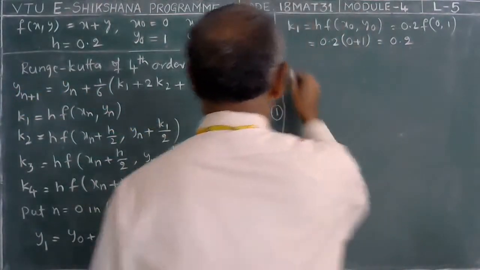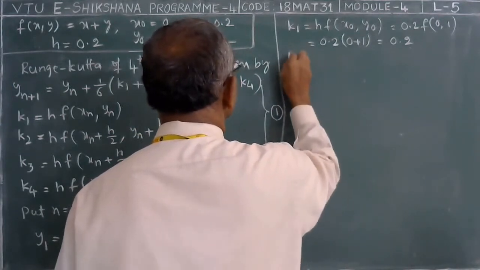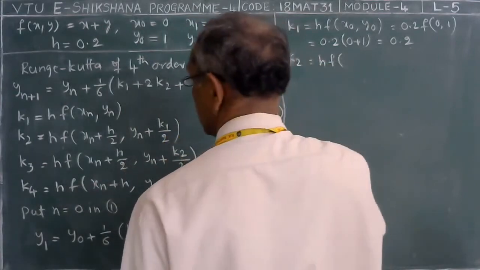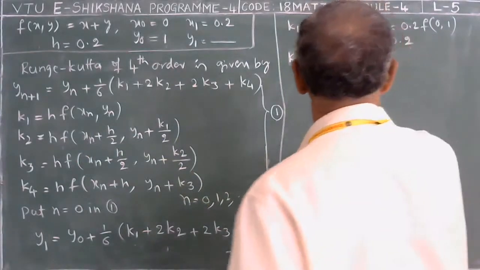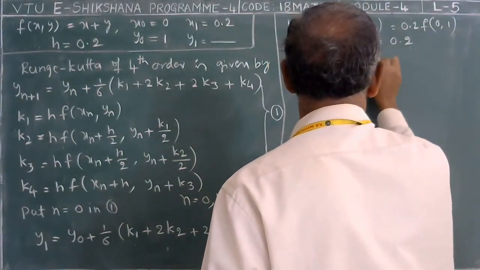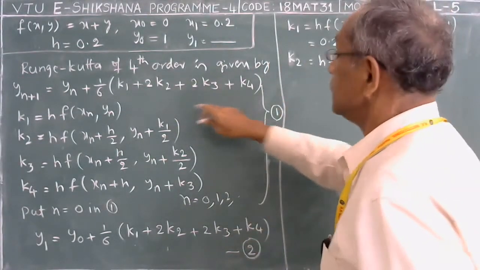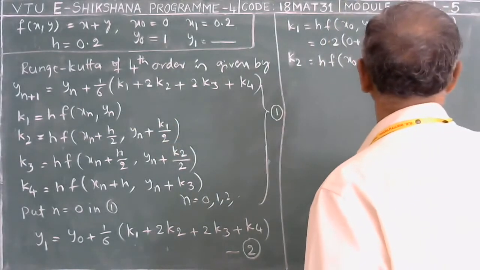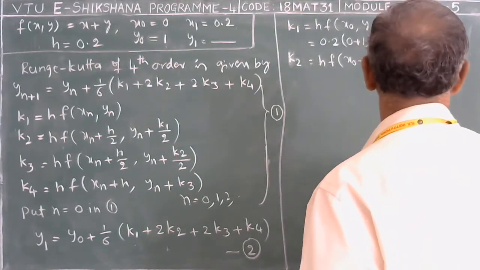Then k2 is h into f of x naught plus h by 2, comma y naught plus k1 by 2.